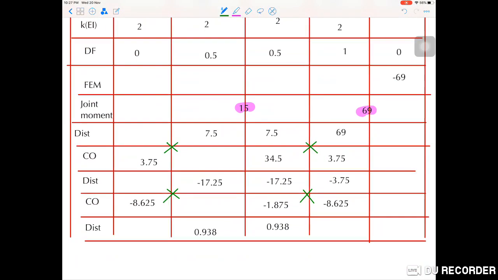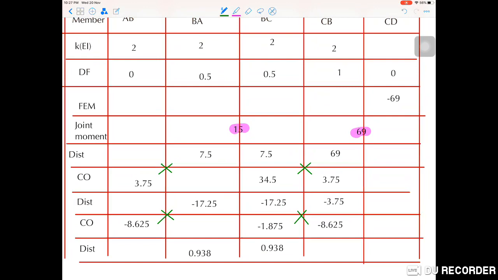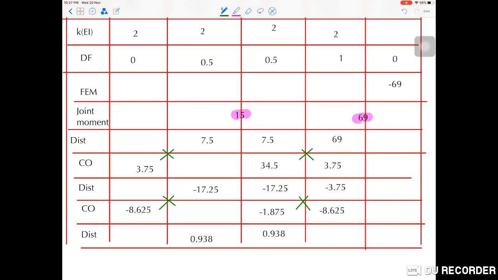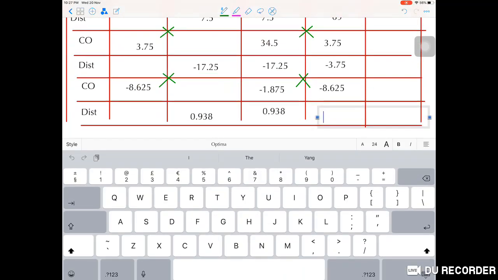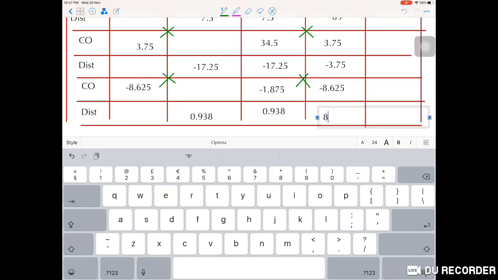And okay, here I missed one thing. This is 8.625.